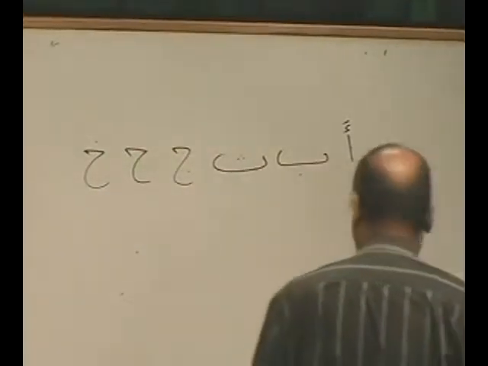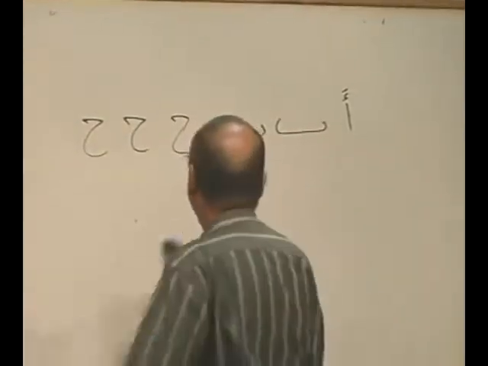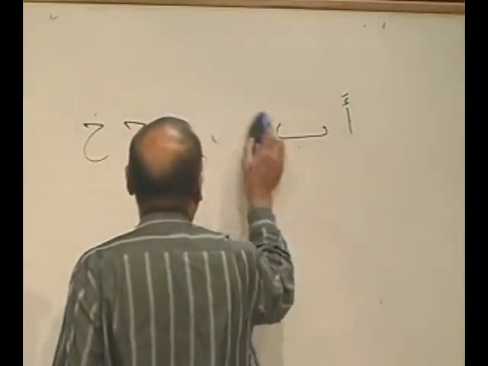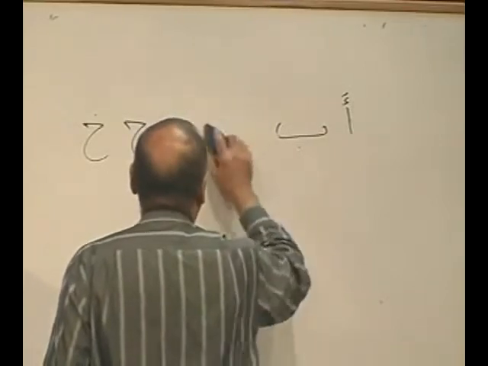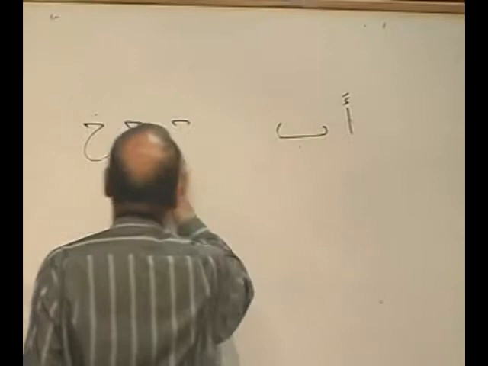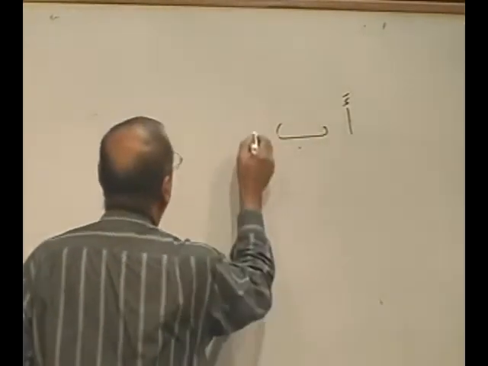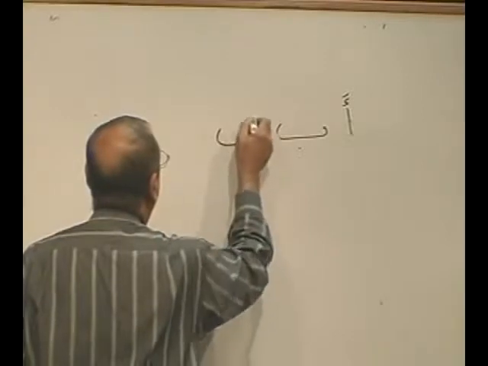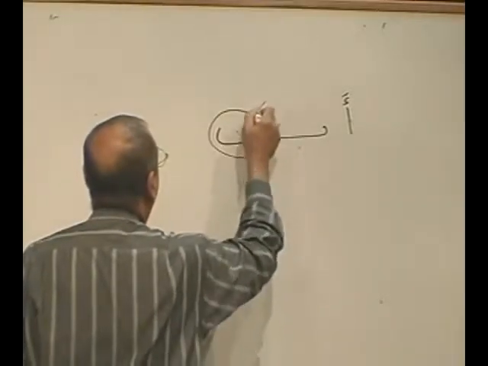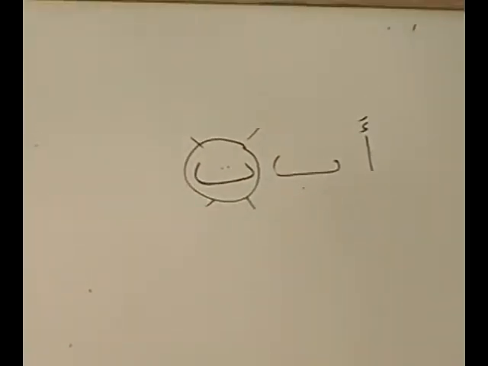I use different pens, but here I'm not using different pens, so maybe I will do a little trick here, inshallah. Alif, I will write the whole alphabet, brother, but then I will circle them. This is sun. Are you with me? This is sun.